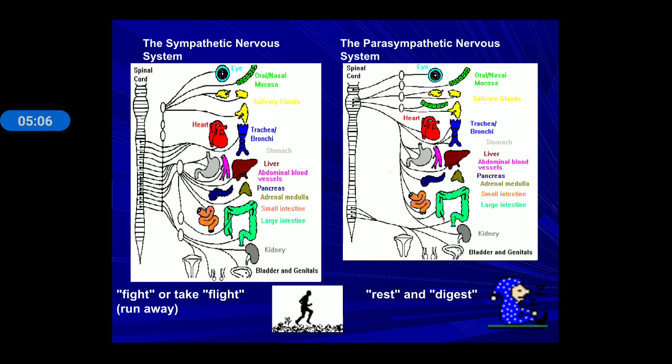Antagonistic means just opposite in nature. If sympathetic nervous system increases the heartbeat, then parasympathetic nervous system decreases the heartbeat. And these sympathetic and parasympathetic nerves arise from spinal cord, meaning they are categorized into peripheral nerves.